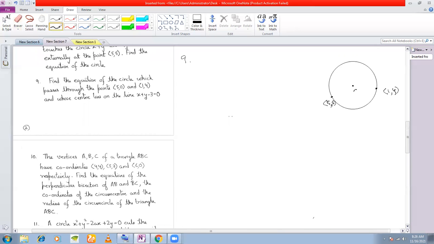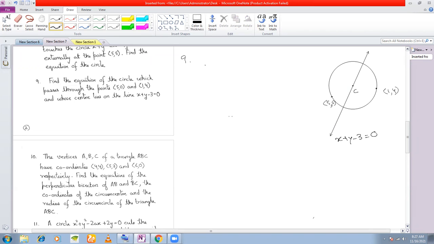Suppose this is your center C. Then the center of the circle must lie on this line. What is that line? x plus y minus 3 is equal to 0. You need to find out the equation of the circle. Fine. So how do we find out?